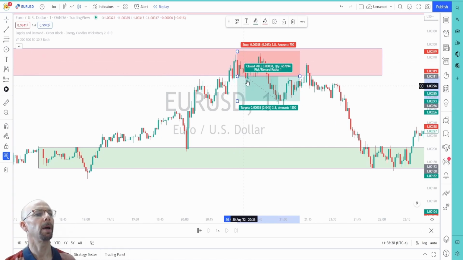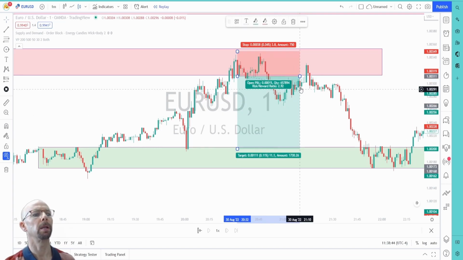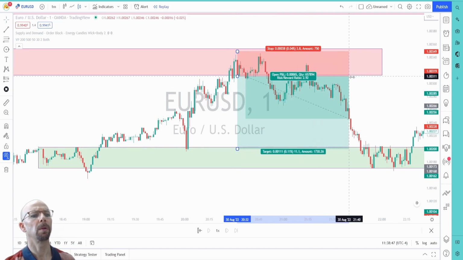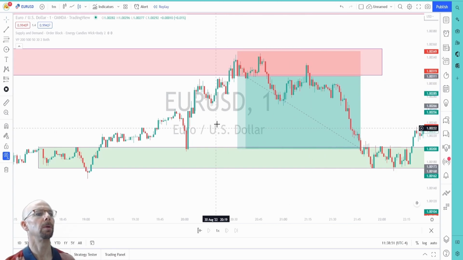Now, if you would have done that, you might have been fine, depending on what broker you're with. Some brokers have very wide spreads, and some are close to 0, depending on who you choose. And you would have been targeting the low. And again, there we go, 2.92.